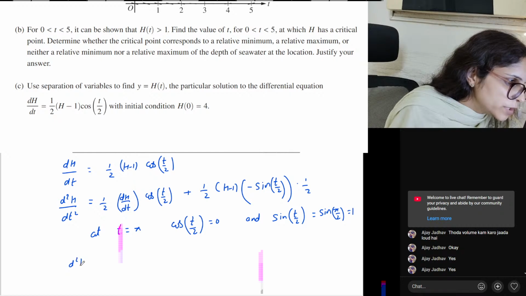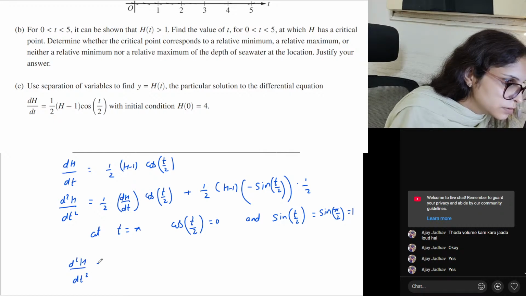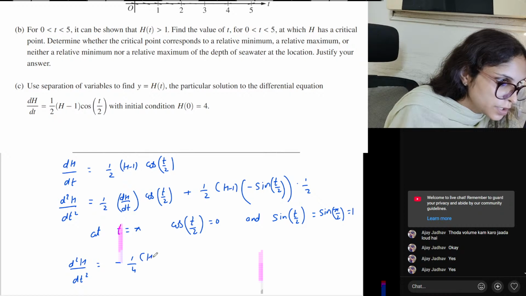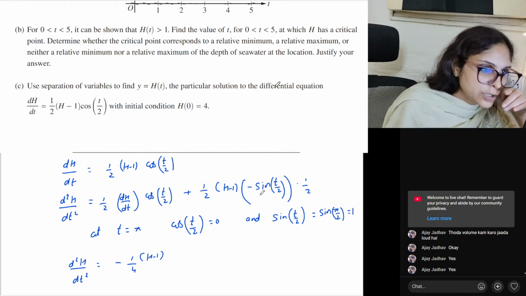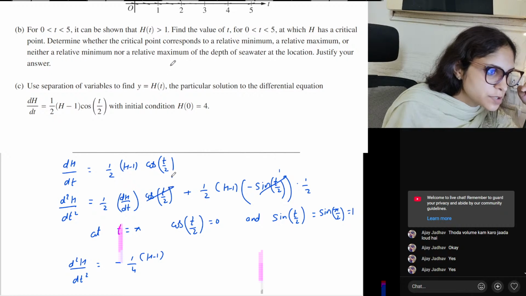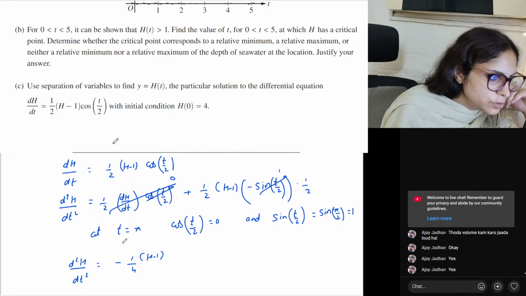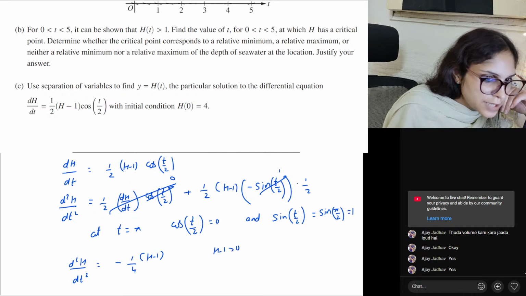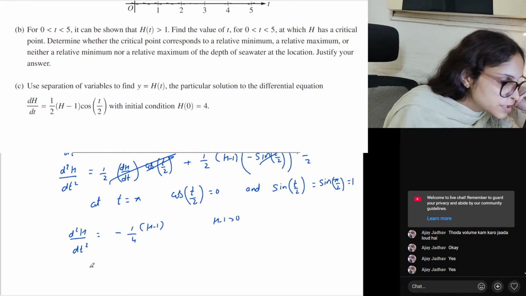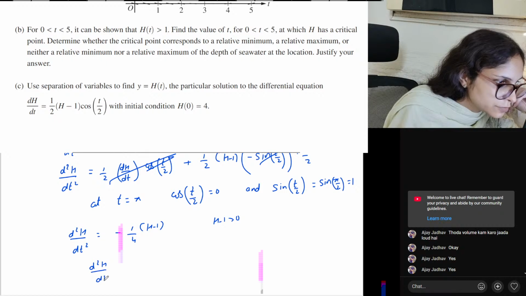So that is why d2h over dt square would be negative 1/4 (h minus 1), because the sine t over 2 value is 1, I'm writing 1 over here, and the first term becomes 0. So this entire term becomes 0. It's just negative 1/4 (h minus 1), and h minus 1 is greater than 0. That means your second derivative is negative.